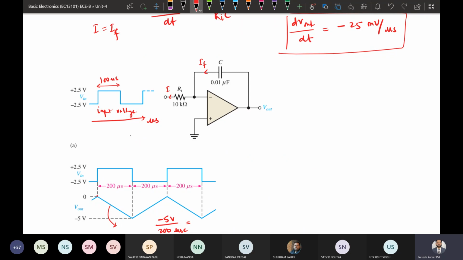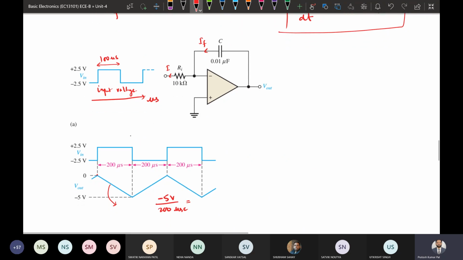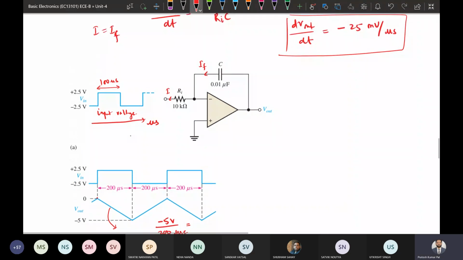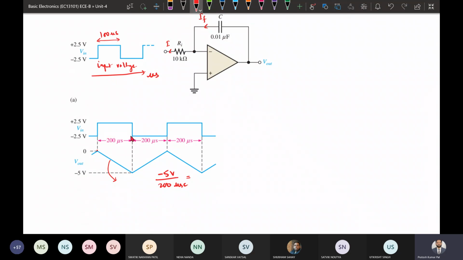So the slope from there also, what are we getting? It is not 25, it should be, suppose it is 5000 millivolt over 200 microsecond.